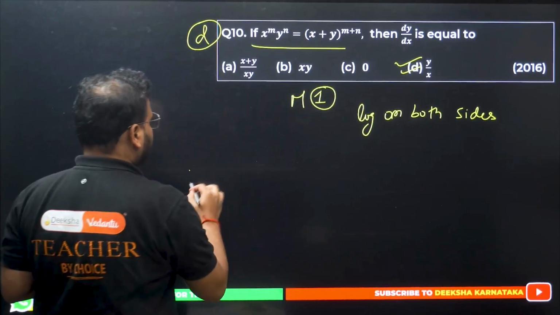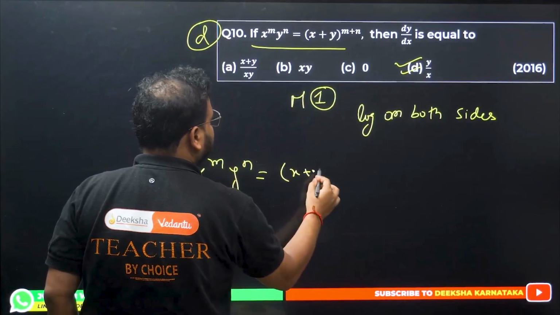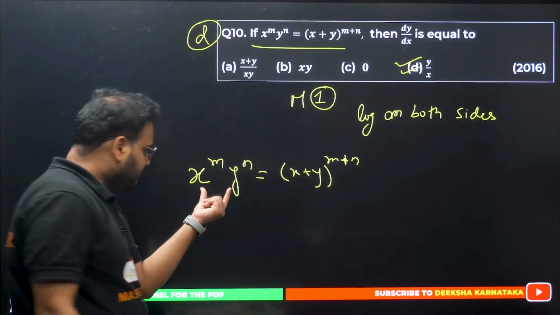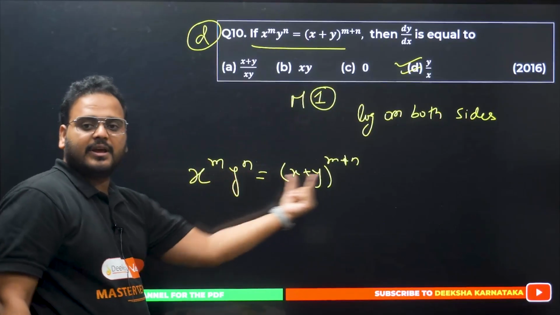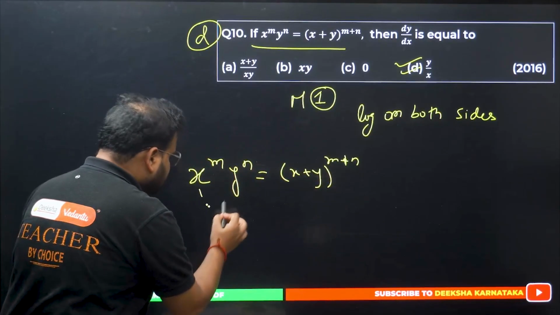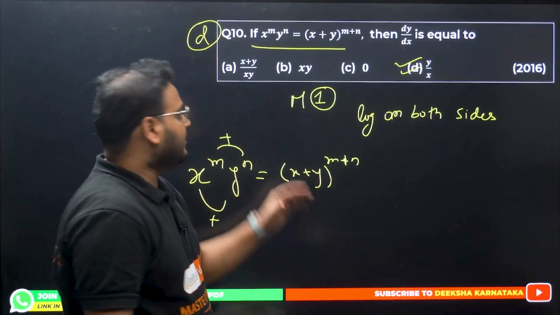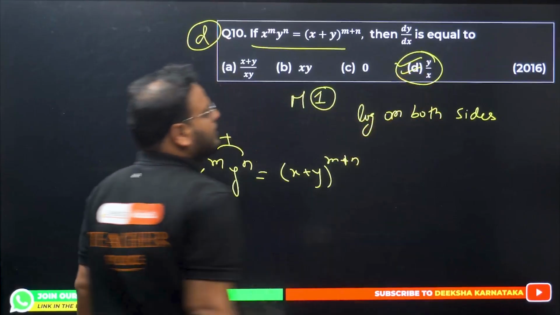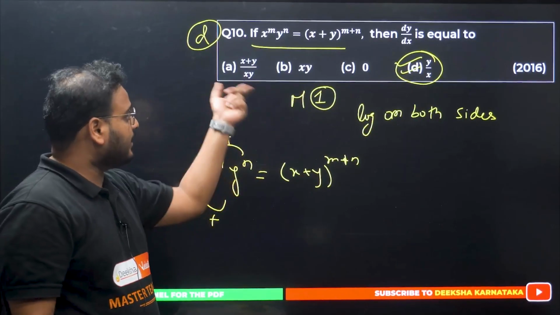Whenever you have this kind of form, x power m, y power n equals x plus y power m plus n, look carefully at the form. The bases over here get added up, and the indices over here again get added up. Whenever you have this kind of equation given to you, the derivative of that function y will always be y by x. Always y by x. If you want to change that to x by y, it will become x by y.